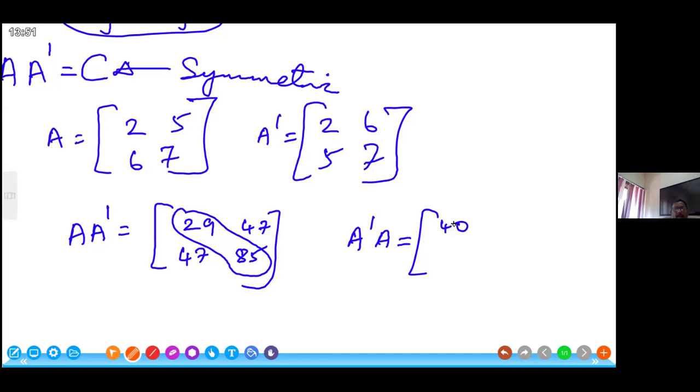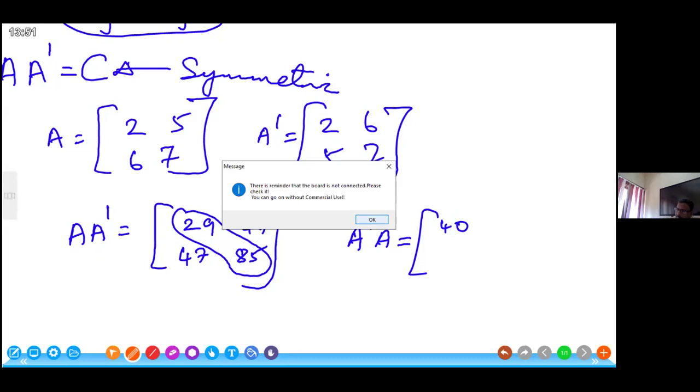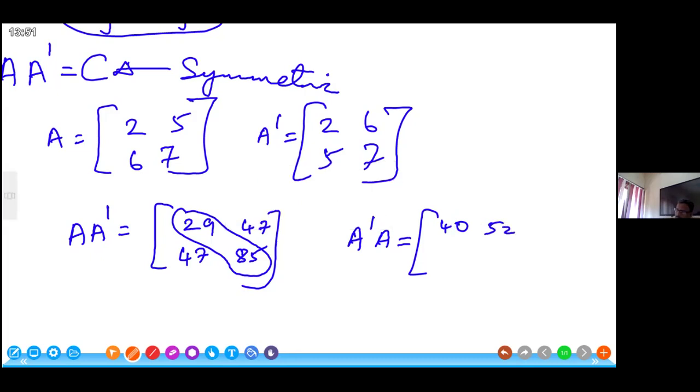What is the second element? Third element? 52. 52, yes.